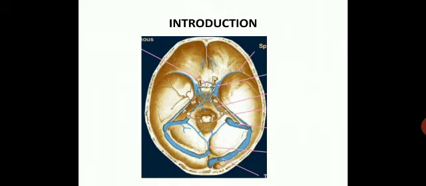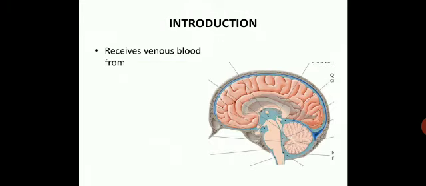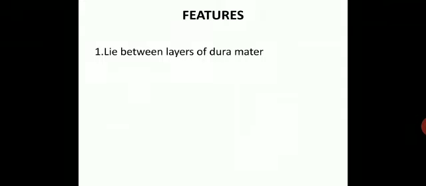The dural venous sinuses are the venous spaces between the two walls of the dura mater. It receives the venous blood from the brain, its coverings, that is meninges, and the bones of the skull. The features of these dural venous sinuses are, it lies between the layers of dura mater.